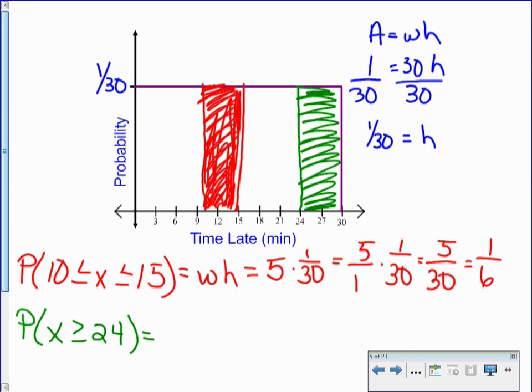We will end at 30 because we know that they were going to be up to 30 minutes late, but not more. So how wide is it from 24 to 30? How tall is it between 24 to 30?